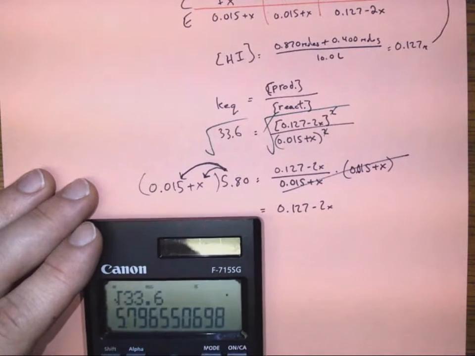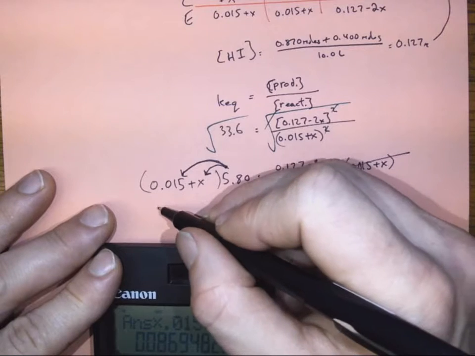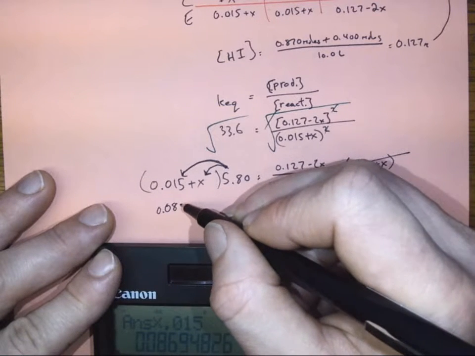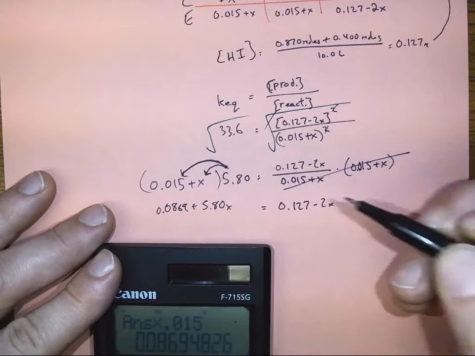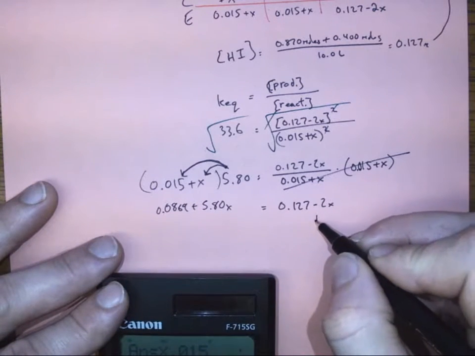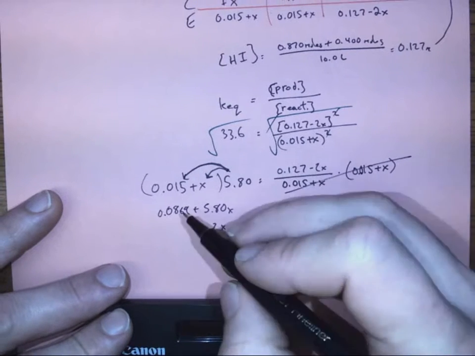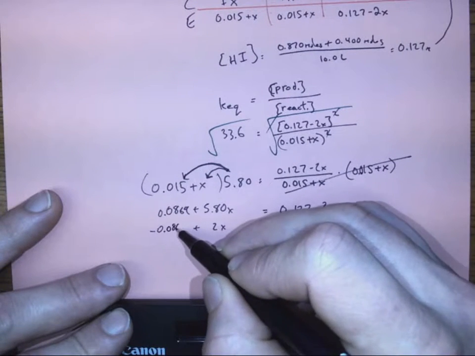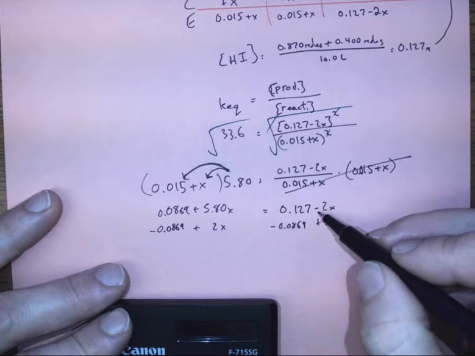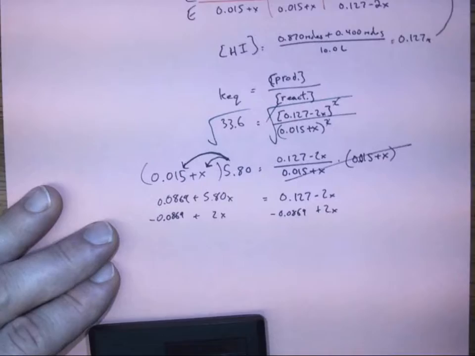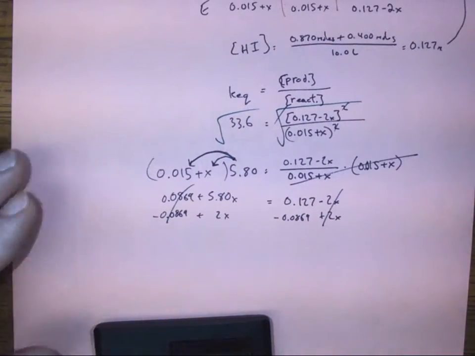So, okay, 5.8 times 0.015, I get 0.0869 plus 5.80x. Okay, so I'm going to add my x's to the left, so I get positive x's. And I'll take away 0.0869 from both sides and cancel out terms that cancel. Alright.